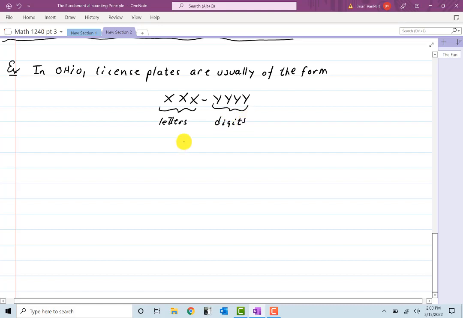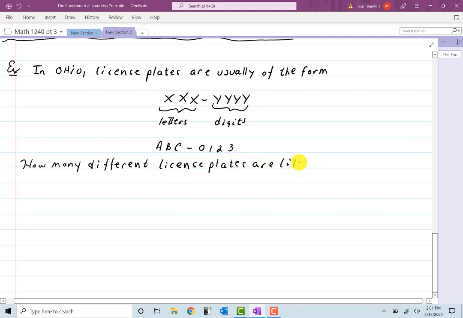As an example, you could have the letters A, B, C, followed by 0, 1, 2, 3. So how many different license plates are like this?